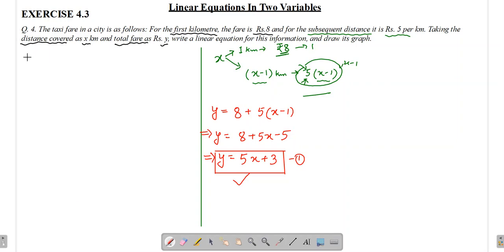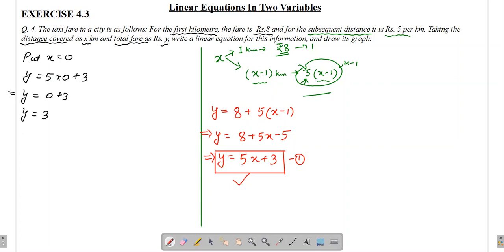We'll start with putting x equal to 0. If I put x equal to 0 in the equation, we get y is equal to 5 into 0 plus 3, that is y is equal to 0 plus 3, which in turn gives us y is equal to 3.